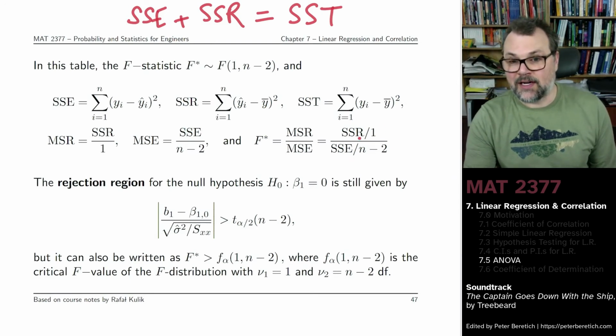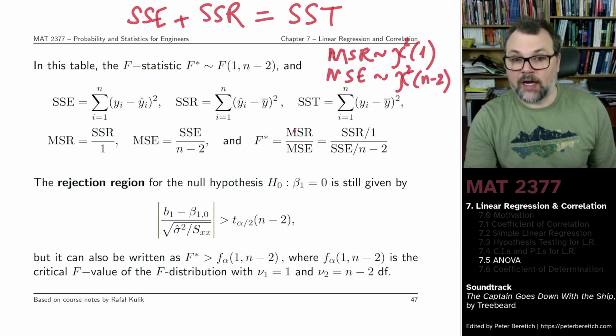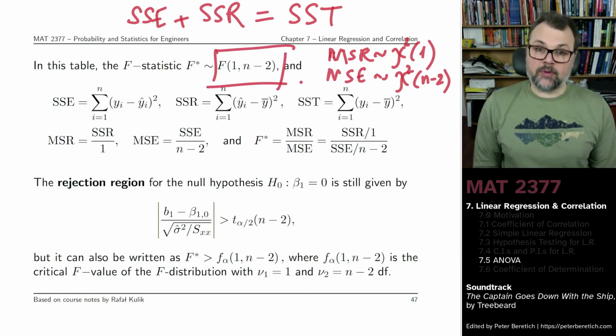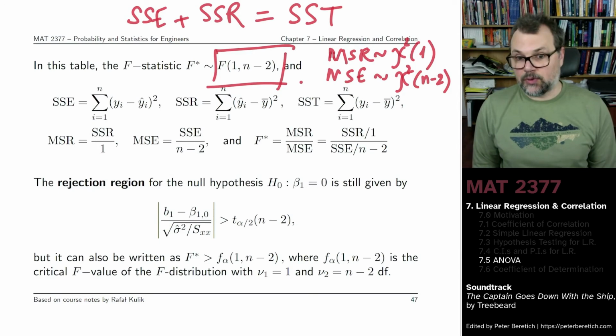And under the null hypothesis, this SSR divided by 1 follows a chi-squared distribution with 1 degree of freedom, and the MSE follows a chi-squared distribution with n-2 degrees of freedom, which is why this quantity should follow an F distribution with 1 degree of freedom and n-2 degrees of freedom.